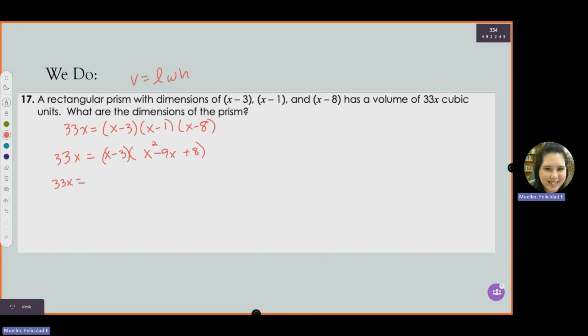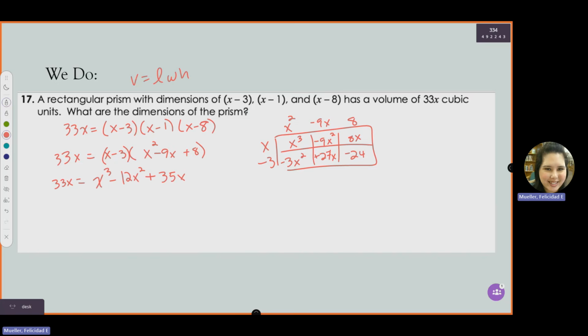The better answer is to do a box here. x minus 3, x squared, -9x, 8. x cubed, -3x squared, -9x squared, positive 27x, -24 and 8x. So when we get this, we're going to get x cubed minus 12x squared plus 27 plus 8 is 35x minus 24.